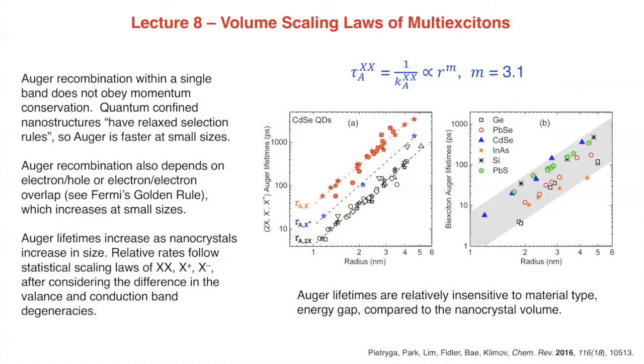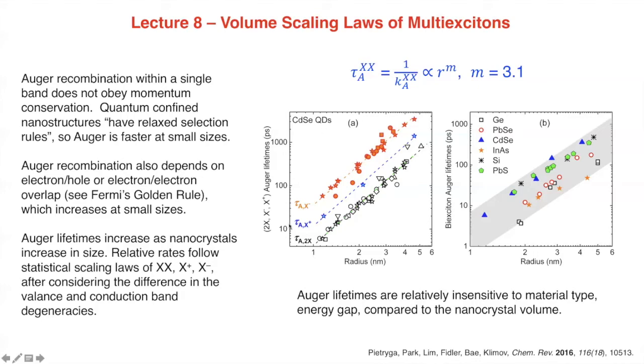Okay, and so I've plotted that data here for you. And this symbol tau refers to the lifetime. The lifetime is just the inverse of the rate constant for recombination. So a long lifetime has a low rate constant for recombination.